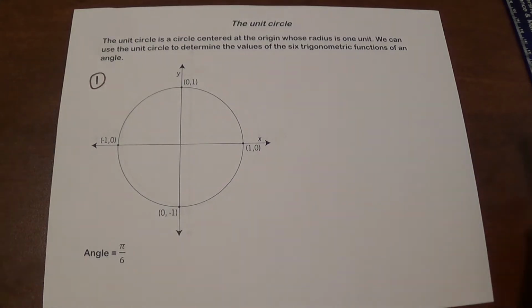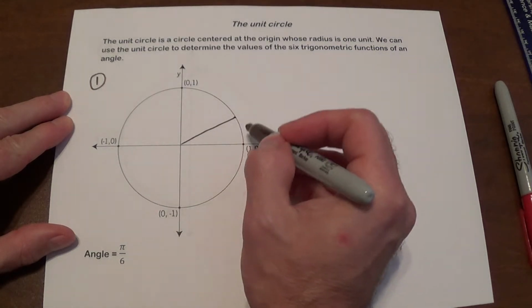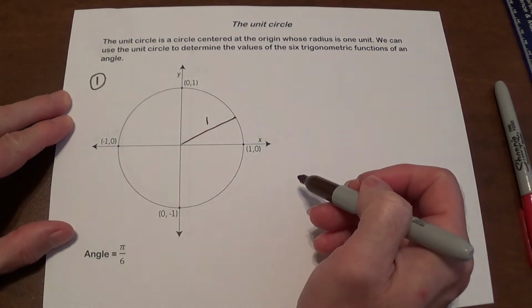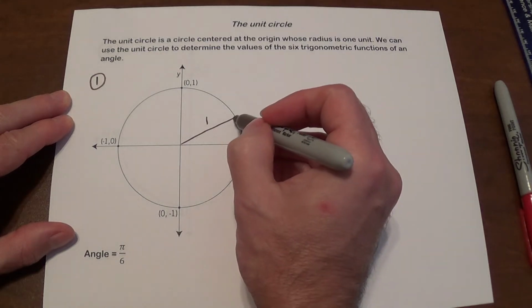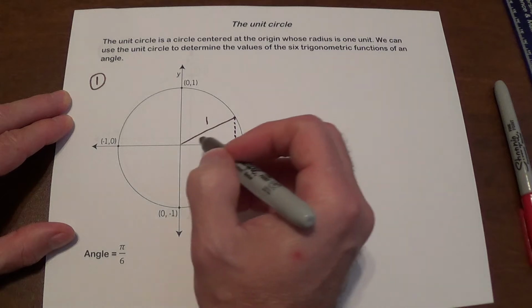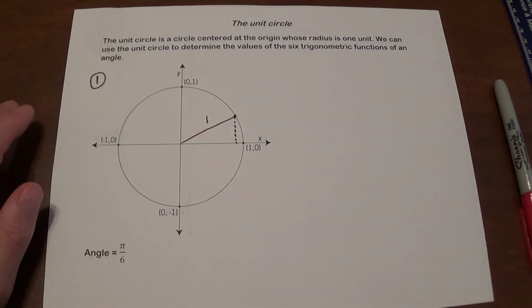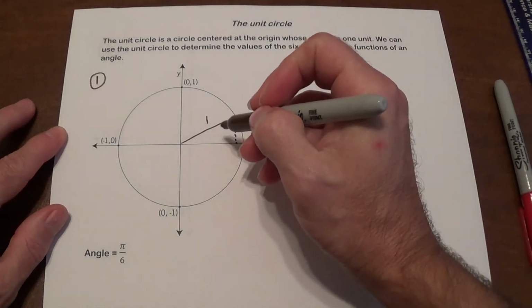So when we deal with an angle, let's start with pi over 6. So pi over 6 is going to be an angle going like this. And what we do is we realize that the radius here is 1. And then the triangle that's formed here, for this particular point that we can find its coordinates, what do we know?